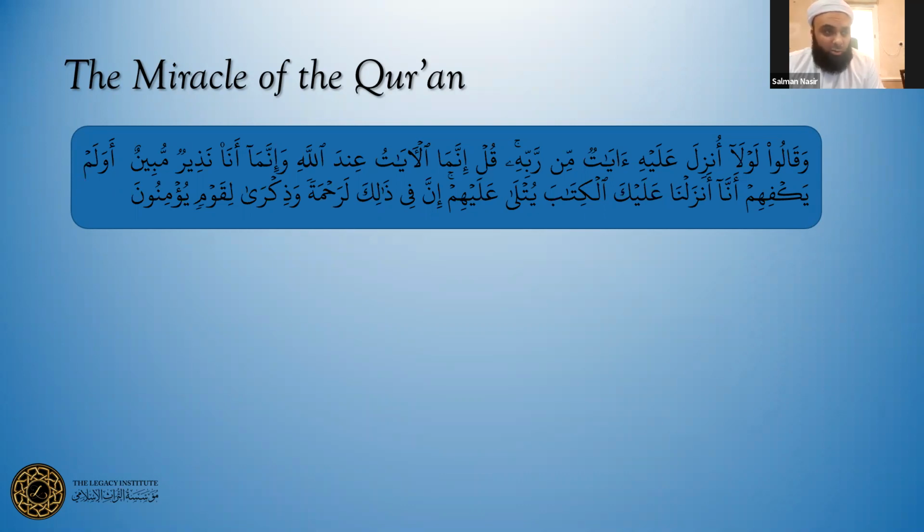So Allah subhanahu wa ta'ala responds to their requests: Is it not sufficient for them, and all the signs that they're asking for, to have the most obvious sign? Is it not sufficient for them that we have sent down to you al-Kitab, the book, and that it is being recited to them, it is read to them? So the greatest sign that the Prophet ﷺ was given was the Qur'an.